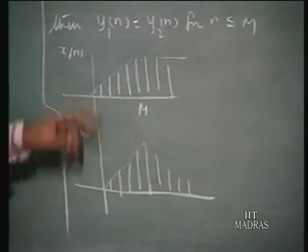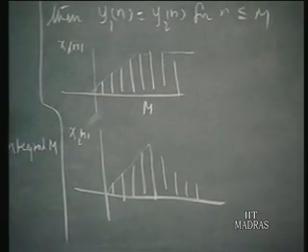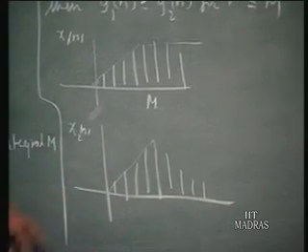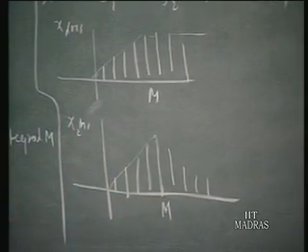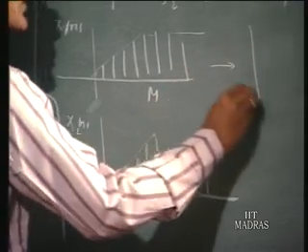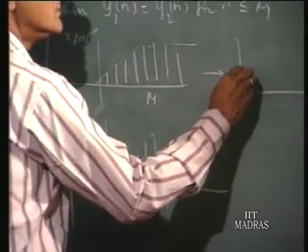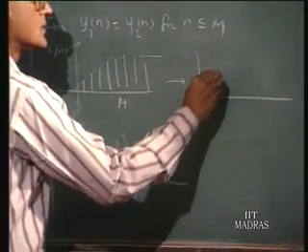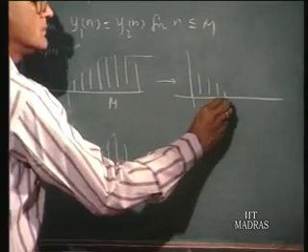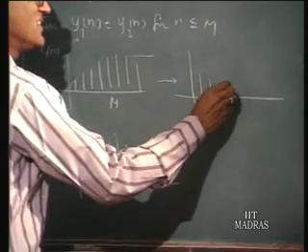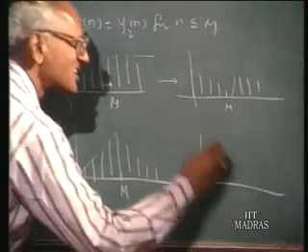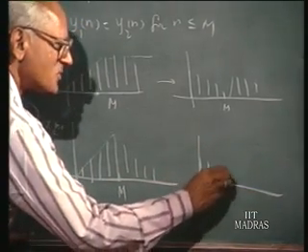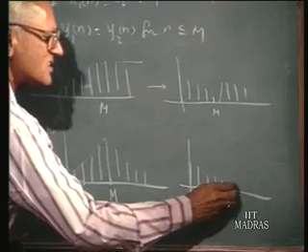If these two are the input signals, x1 of n and x2 of n identical up to the mth sampling instant, then we can say that whatever output this produces, let us say up to m, and then beyond that maybe like this, this will also have the same output up to this point, and afterwards it may be different.